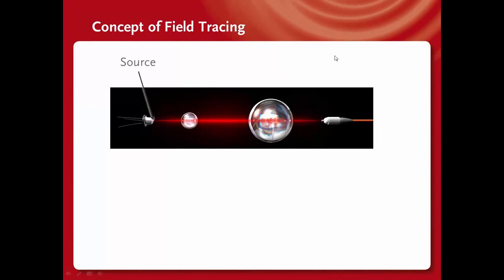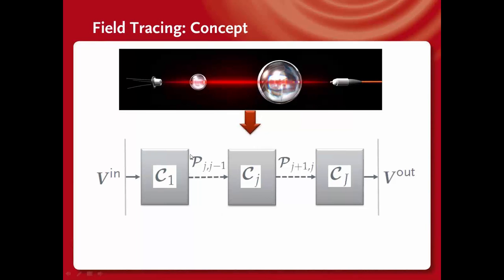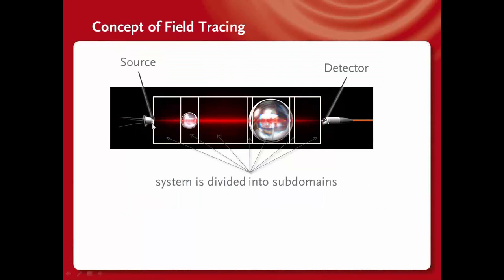The main idea of field tracing is that the optical system is divided into several subdomains, and in each domain we use a different simulation technique to propagate the light. For example, in the first part of the system, we could use a free space propagation technique to propagate the light from the source to the front of the microlens.